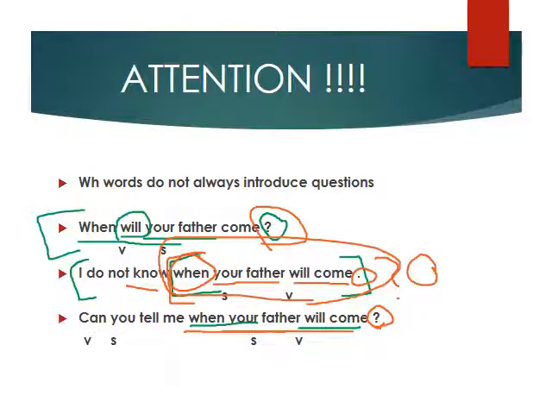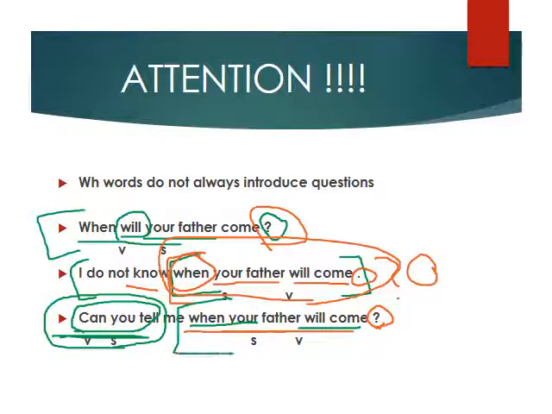Yes, this is a question and the inversion happened here, okay? Can you tell me? Here the question and the place of the inversion is here. Can you tell me? So here we inverted can and you, the helping verb can and you. So the question is here. Here we should have the inversion.